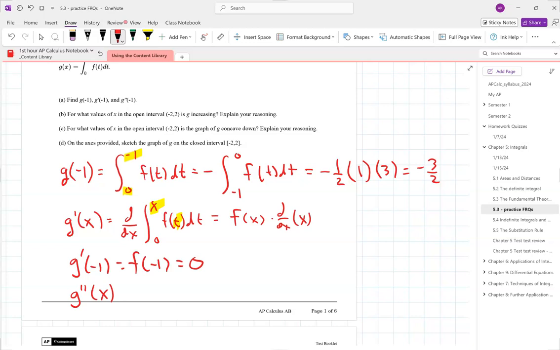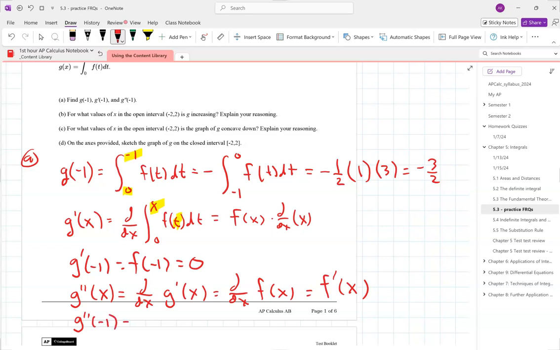If I'm looking at the second derivative, I know the second derivative is going to be the derivative of g prime. I know that g prime was just f of x. So the derivative of f of x is, just call it f prime of x.